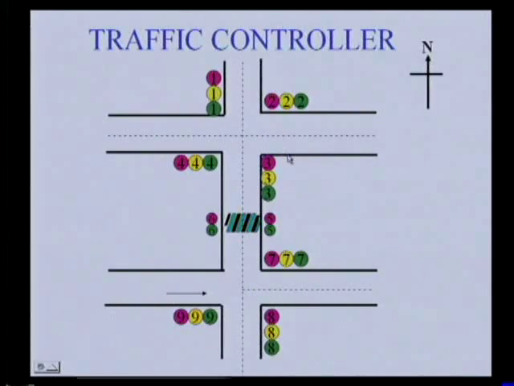Here we assume that a passenger going in the north direction, say through this path, observes the LEDs or lights on his right side.